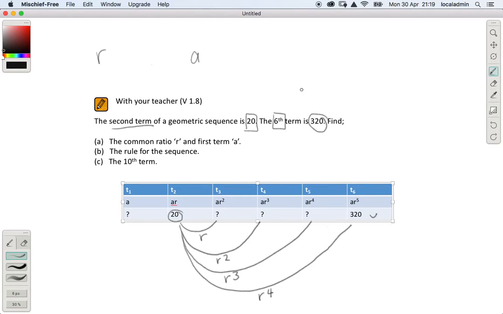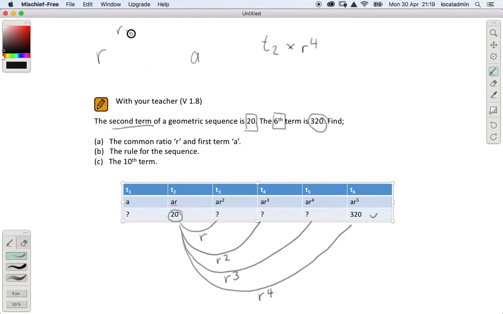Now, if we write that down in algebraic notation, we are literally saying that the second term multiplied by 4 r's, or r to the 4.